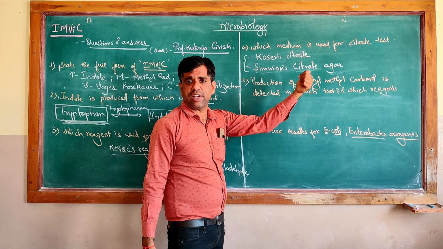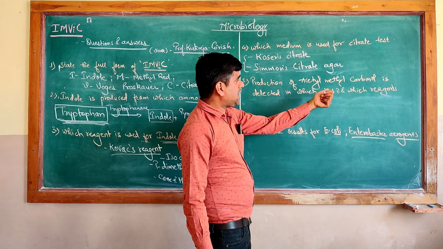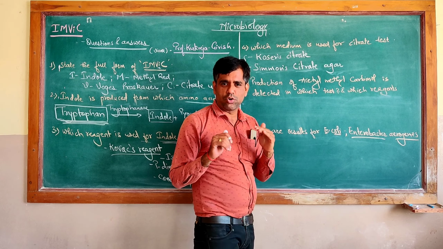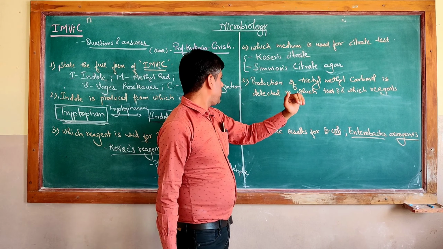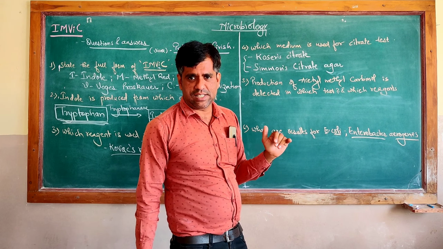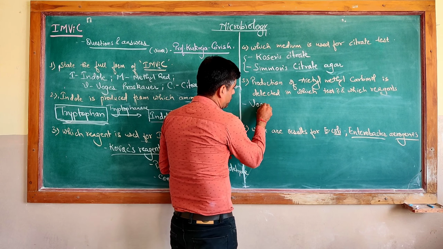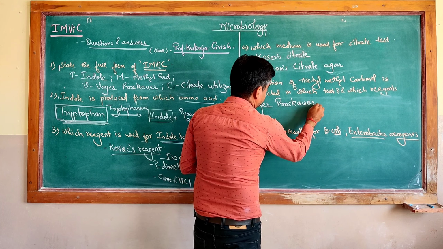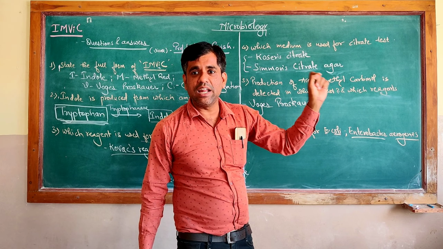Next one, the production of acetyl methyl carbinol. It's a slightly long name, so sometimes you call it acetoin, a neutral end product. Production of this is detected in which test and by which reagent? The test here is the Voges-Proskauer test. It detects the presence of acetyl methyl carbinol.